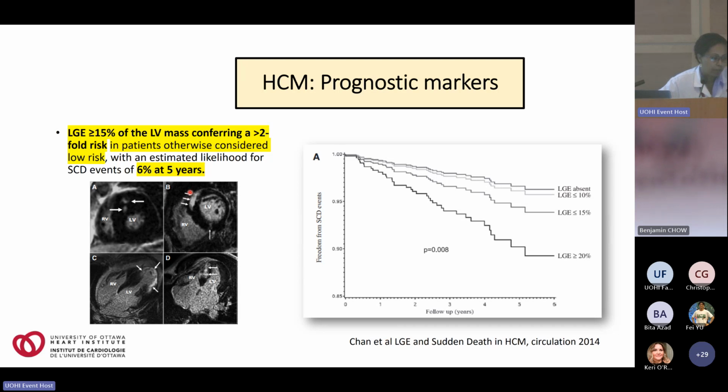So LGE quantification as a prognostic marker, as you all know, has been used as a robust marker of risk for sudden cardiac death, with more than 15% enhancement of LV mass conferring a twofold risk in patients otherwise considered low risk by other estimations.